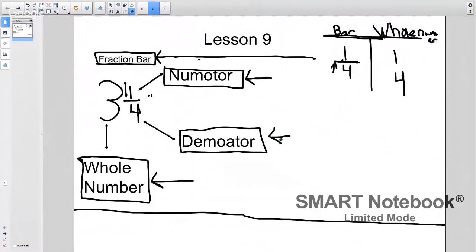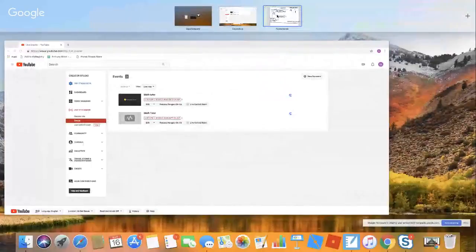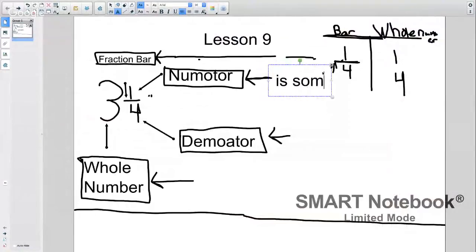The numerator is something. Sorry, don't write over. The numerator is how many.